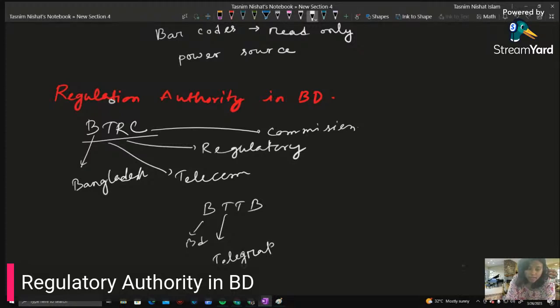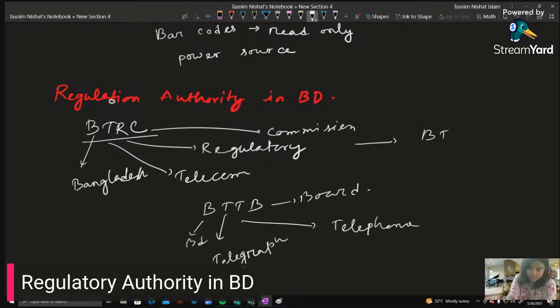But currently, since telegraph is almost rare now, under this BTRC we have BTA, which is Bangladesh Telecommunication Act, and which was done in 2001.